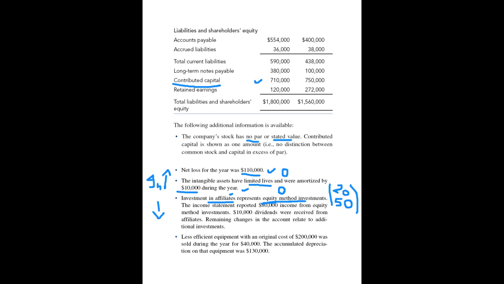We always credit equity investment when we receive the dividend. Okay, so 10,000 dividends were received from the affiliates. If you see here, we have net income of 80,000 from the affiliates. So 80,000 will increase the equity investment account, and the 10,000 dividends received from affiliates will decrease the equity investment account.